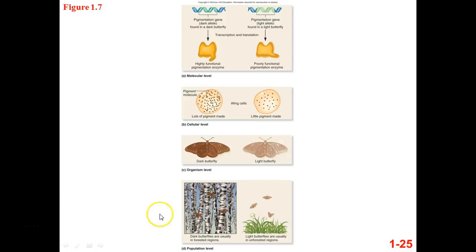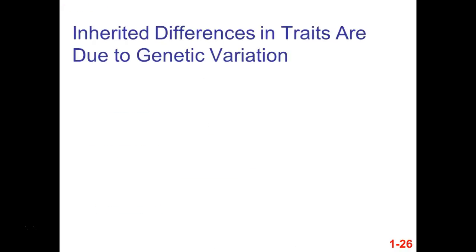At the population level, we can look at how many of them are dark, how many are light. Of course, the ones in the forested regions tend to be more darkly colored because they better camouflage into that environment, whereas the lighter colored ones are in the unforested regions, where they fit into that particular environment. I didn't realize the little pop-ups were there.